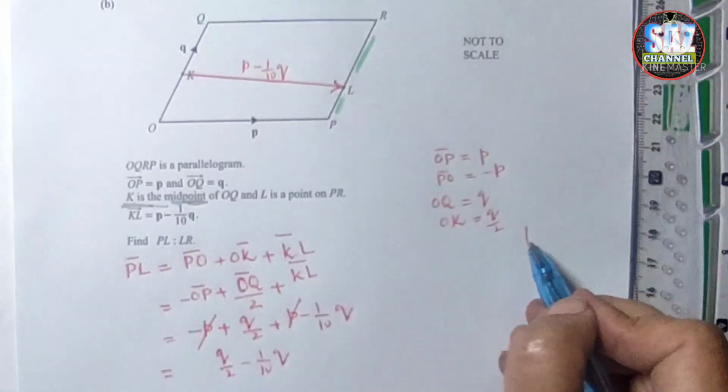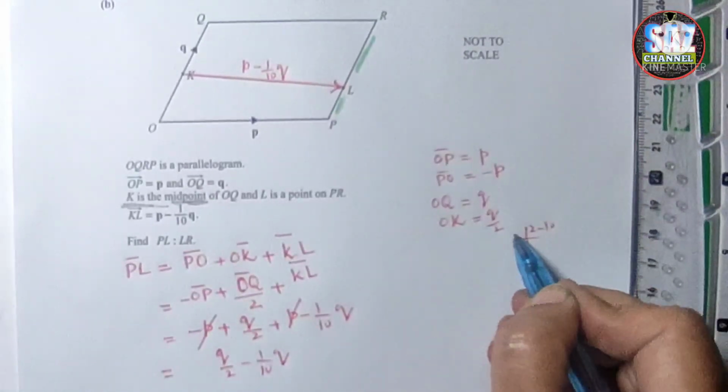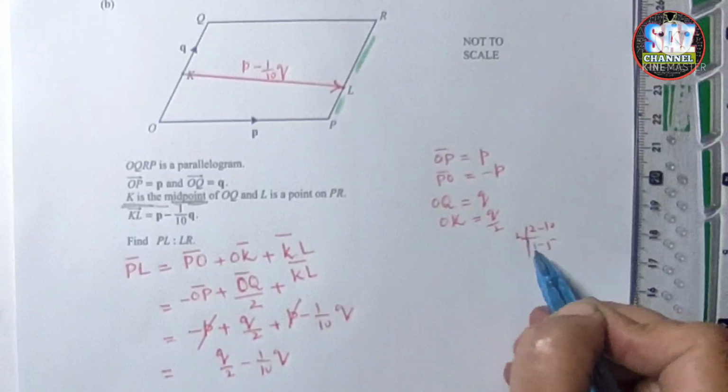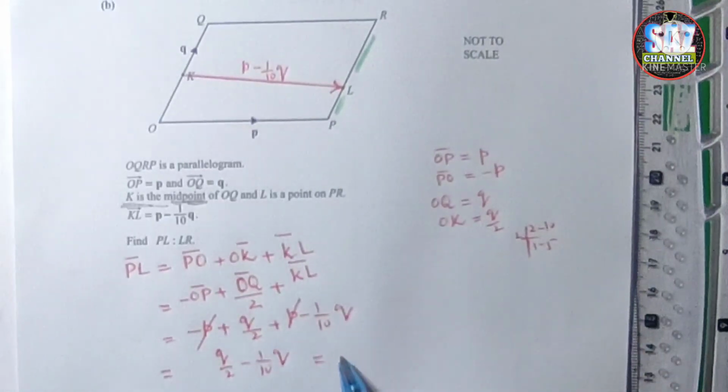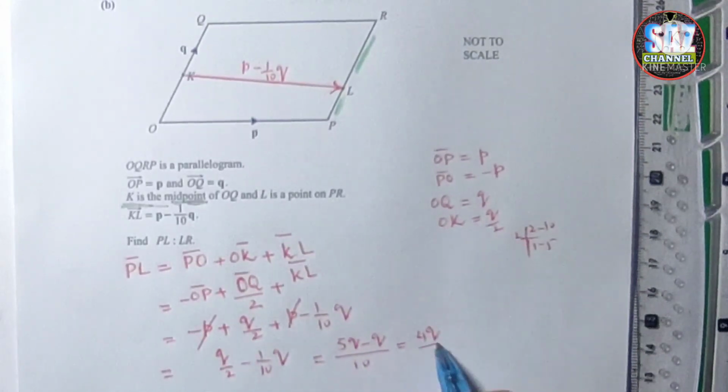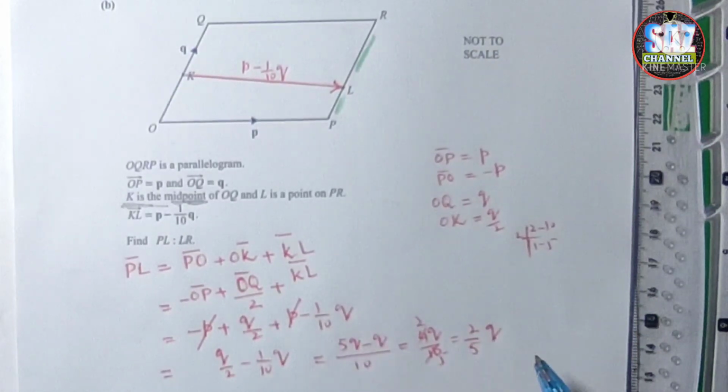Basic concepts have to be really clear. 10 will be the LCM, so I write 10 here, and 5Q minus Q gives me 4Q by 10, or 2 by 5Q. So PL is 2 by 5Q.